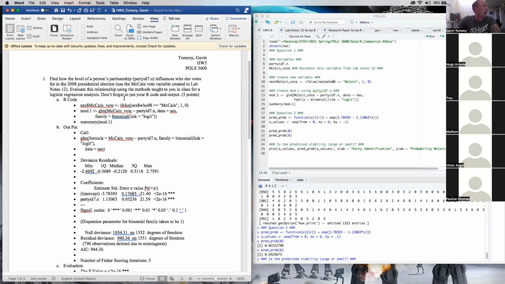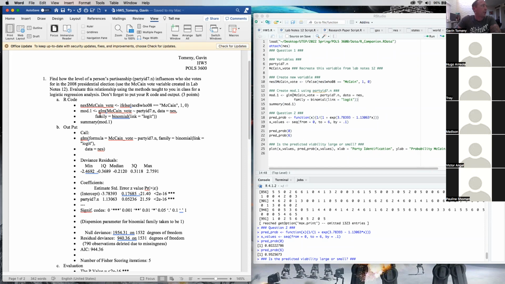So, awesome. Like I was saying, for the first question, we're using party ID 7. And the first thing we have to do is create the McCain vote variable by using the if else, which basically takes all of who they voted for in '08, and if they voted for McCain, it counts as a 1, and that's how we get this.